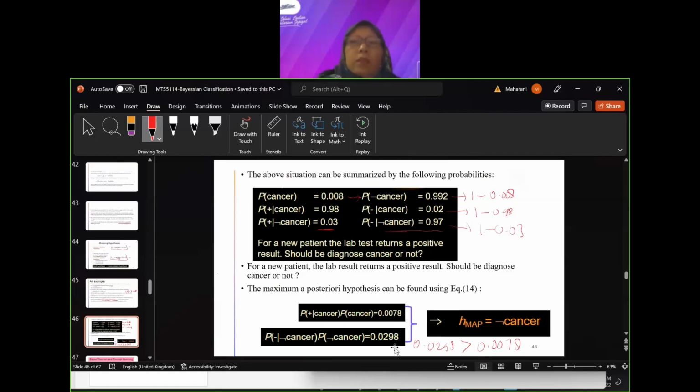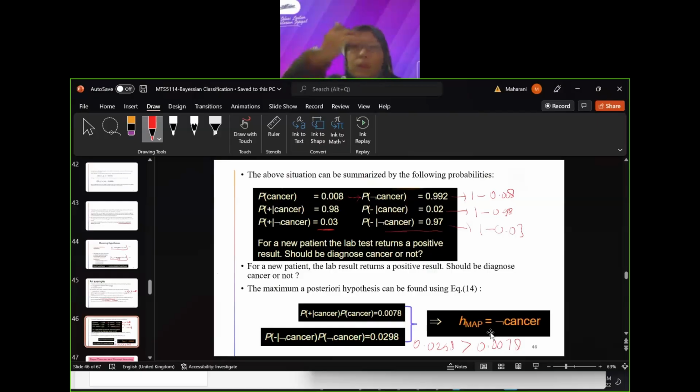So it means the patient didn't get cancer. So H_MAP equals non-cancer, because this one is greater than this. But if finally the cancer one is greater, then the conclusion is H_MAP equals cancer.